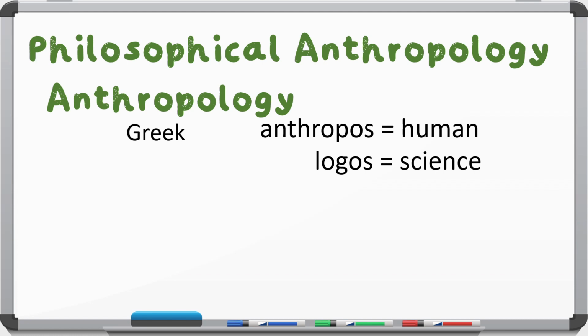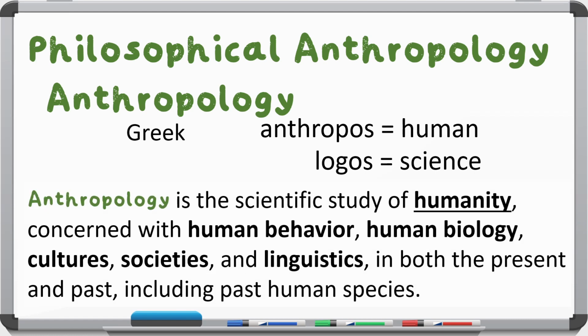So anthropology is the scientific study of humanity, concerned with human behavior, human biology, cultures, societies, and linguistics in both the present and past, including past human species. Those are the subjects tackled in anthropology.